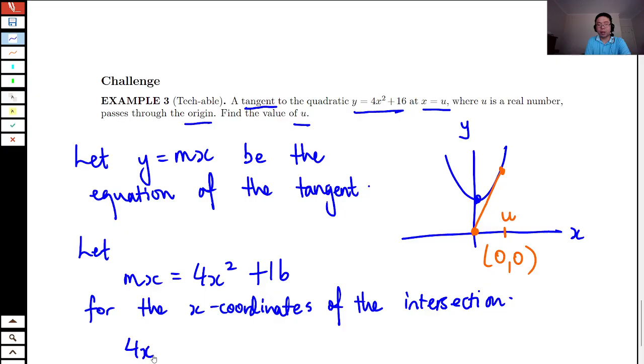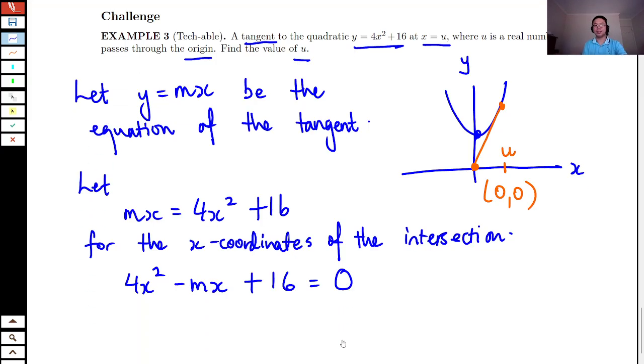So 4x squared minus mx plus 16 equals 0. So what's happening here? It's a tangent. A tangent has one intersection with the graph if the graph is a quadratic. So now what I can do is say, let delta equals 0 for one point of intersection.